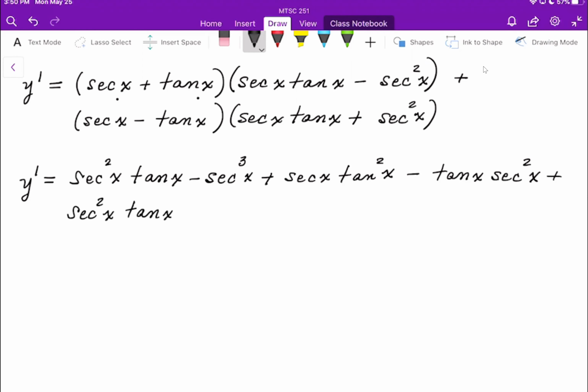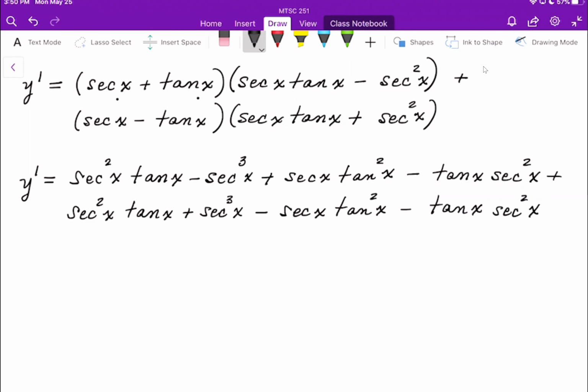And then we're going to get plus secant cubed x. And then we're going to get minus secant x tangent squared x. And then we're going to get minus tangent x secant squared x.